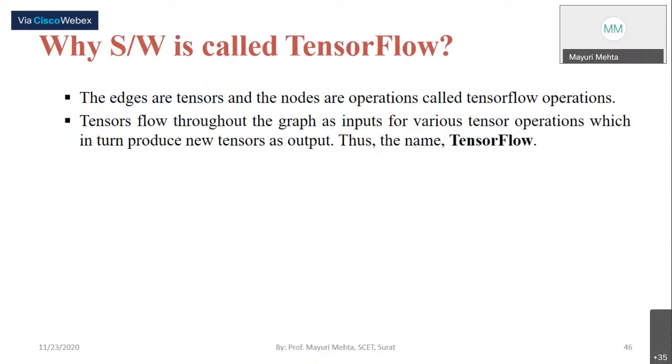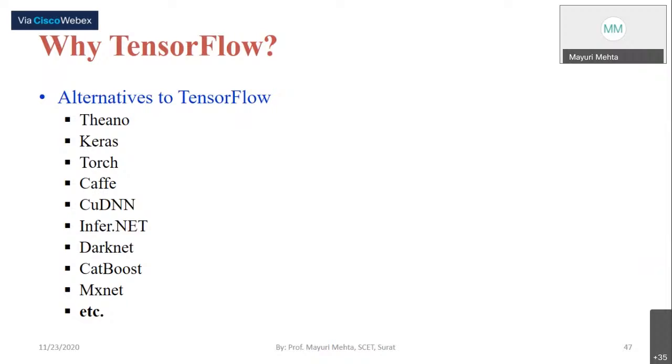Okay, now the question is why TensorFlow has become so popular and why it is preferred by most researchers and machine learning engineers. I too prefer TensorFlow for machine learning applications. Why is it so popular when there are so many alternatives available?